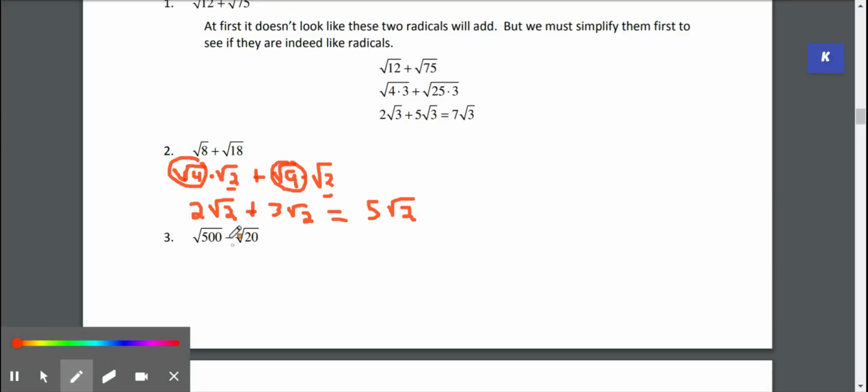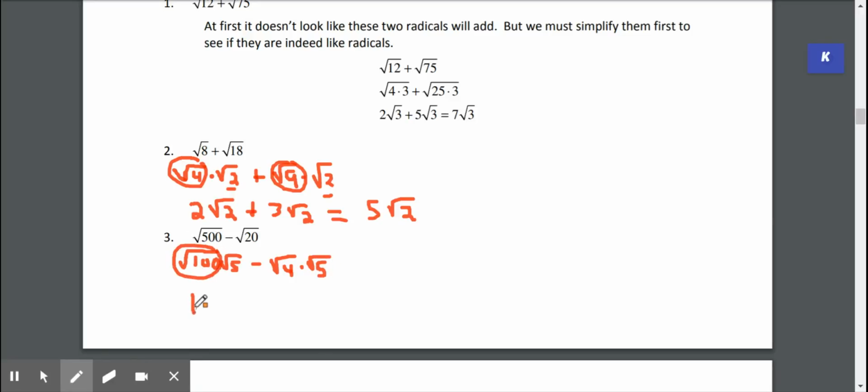Okay. Number 3, we have square root of 500 minus the square root of 20. Right now, they're not the same, so we can't do anything with them. But inside this, you can see it ends in a double zero. So the square root of 100 times the square root of 5 is how I'm going to break that one up. And the square root of 20 is the square root of 4 times the square root of 5.